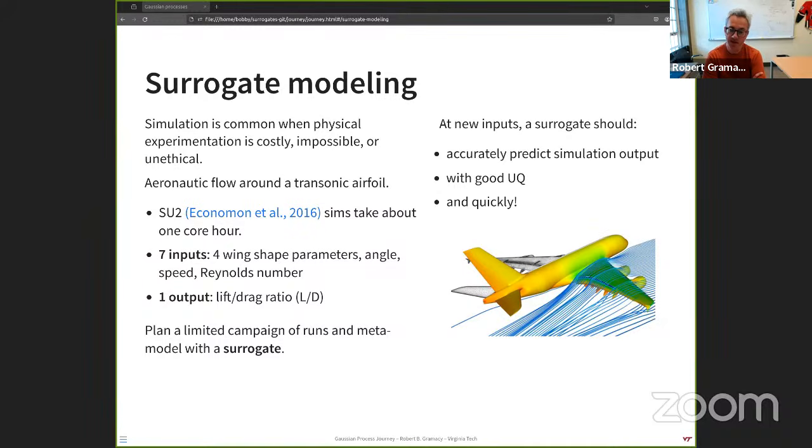And just like with any statistical model, it's important to get accurate predictions, to get good uncertainty quantification. And in the context of computer simulations, it's important to be able to do that quickly, because if you can't do it quickly, then you could just run your computer model at more inputs instead of using the surrogate in lieu of that. So that's the surrogate modeling setup.